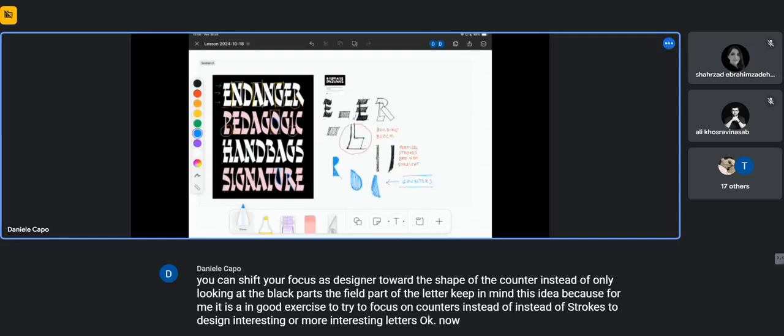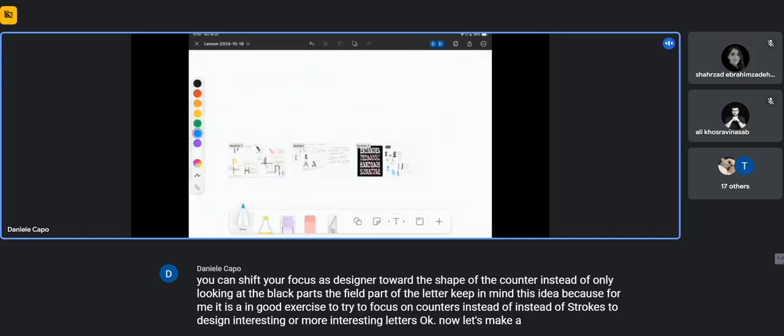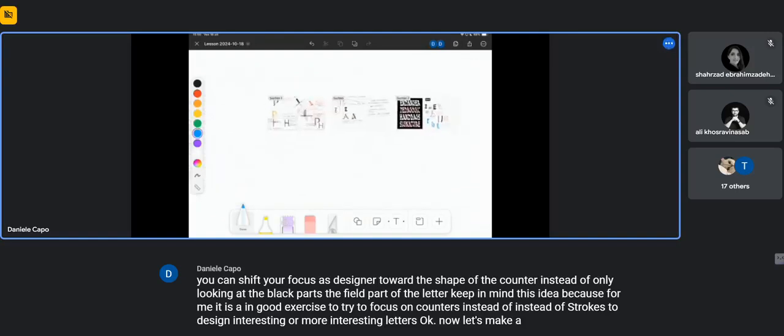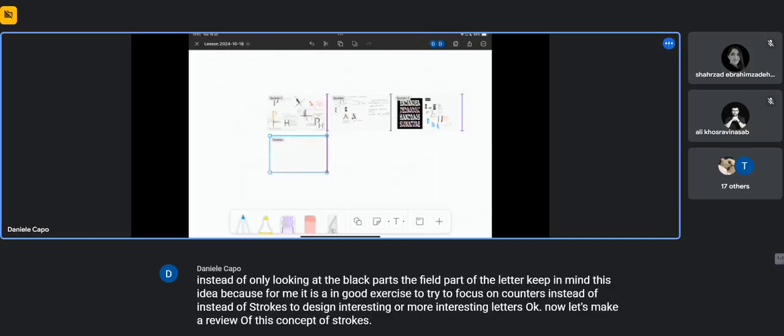Now, let's make a review of this concept of strokes that I have.